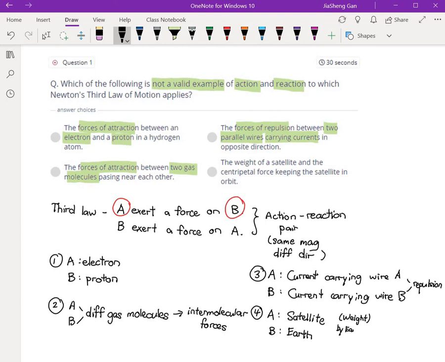It's a gravitational pull by Earth on the satellite. Whereas the centripetal force is actually equivalent to the weight of the satellite. So these two forces are exactly the same. You can call it different names of the same force.